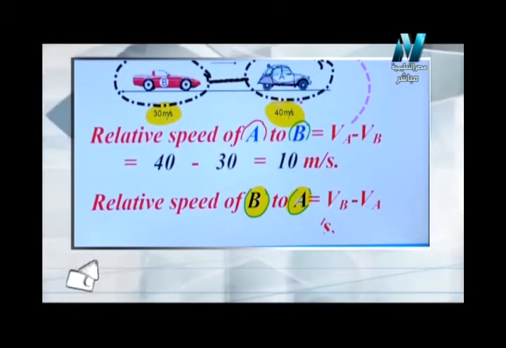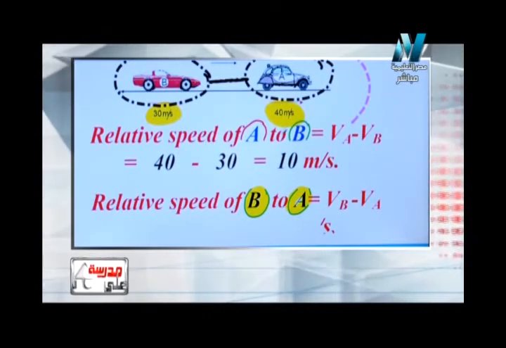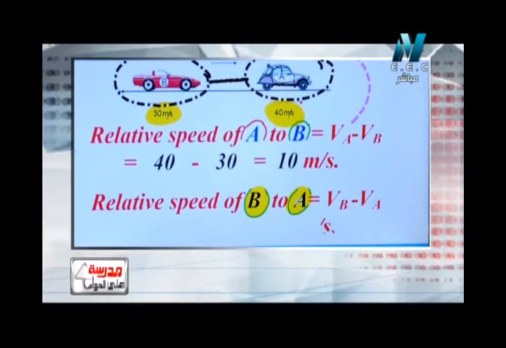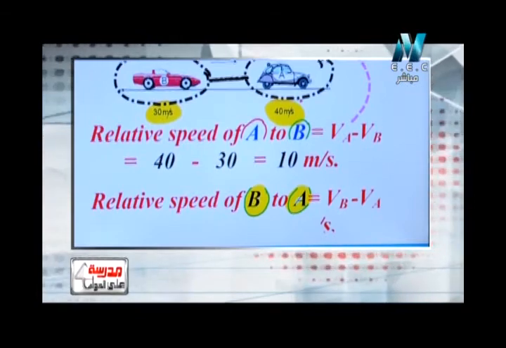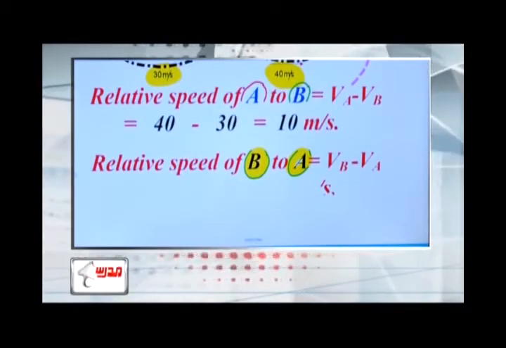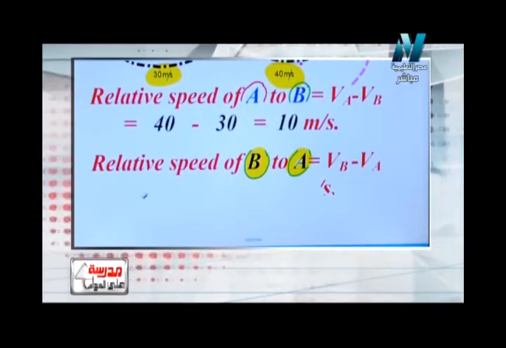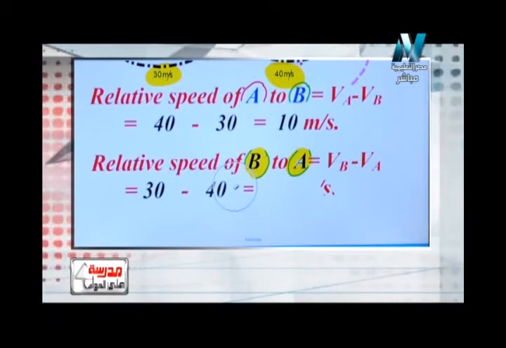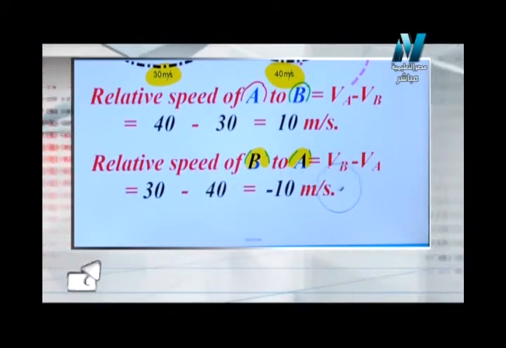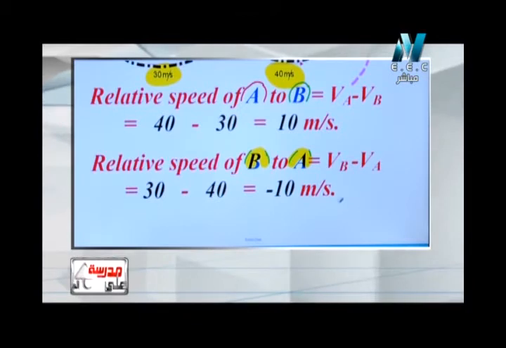And VA equals how many? 40 meters per second. يعني less quantity minus more quantity, so we have negative here. Yes, we have negative. So in this case, 30 minus 40 equals 10 meters per second, but negative.